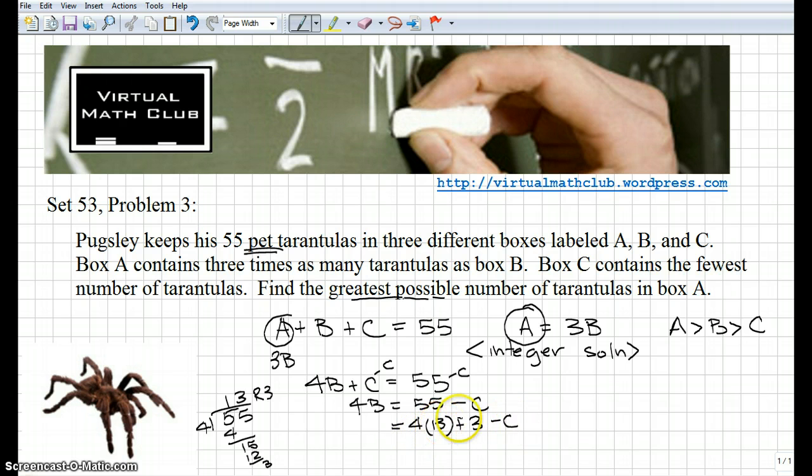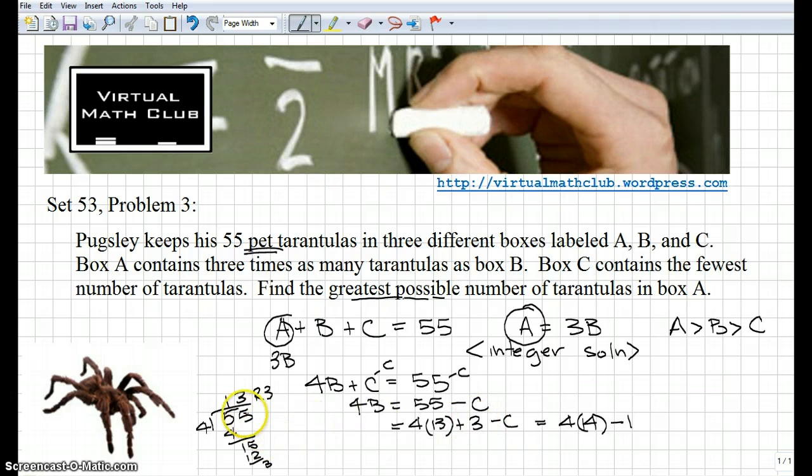The other thing too is if I had one more tarantula, I would have 14 times 4. So we could also write that as 4 times 14 minus 1, because if I had 56 tarantulas, that would be 14 times 4.